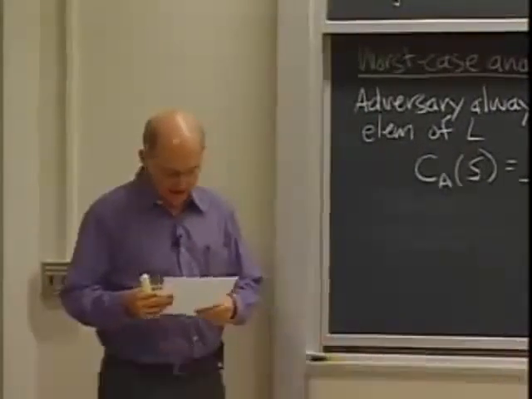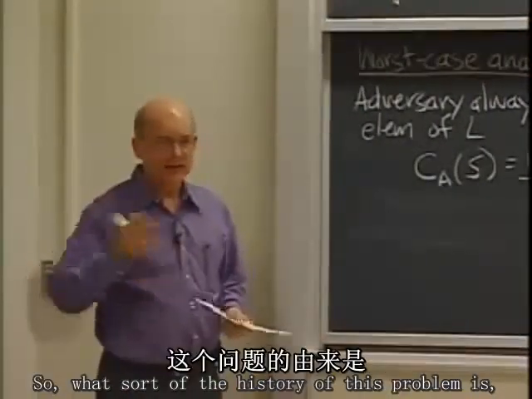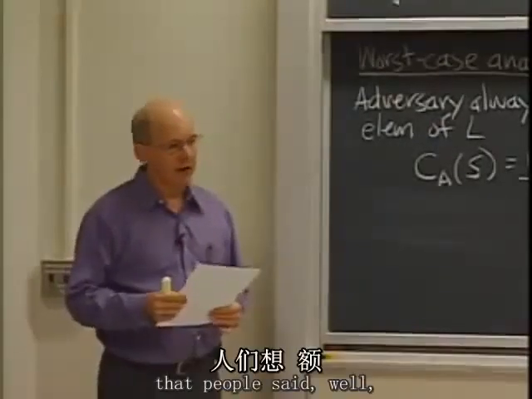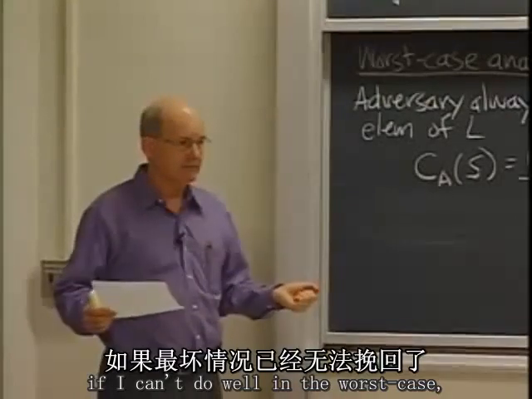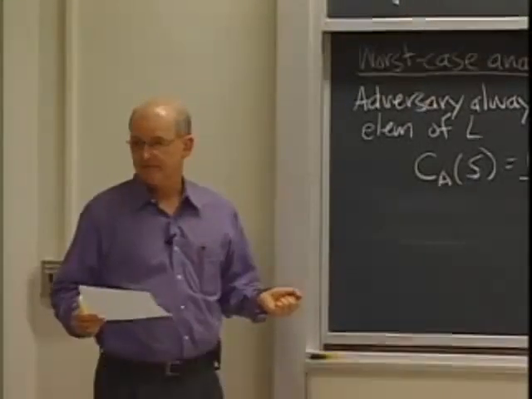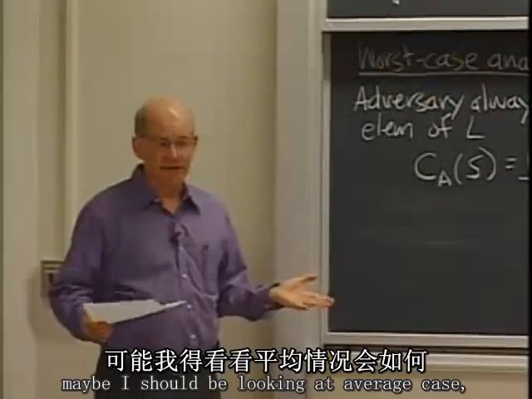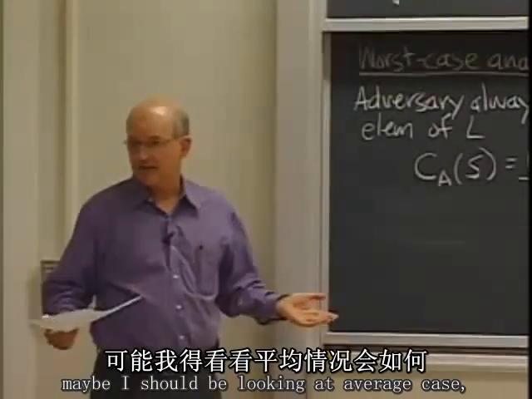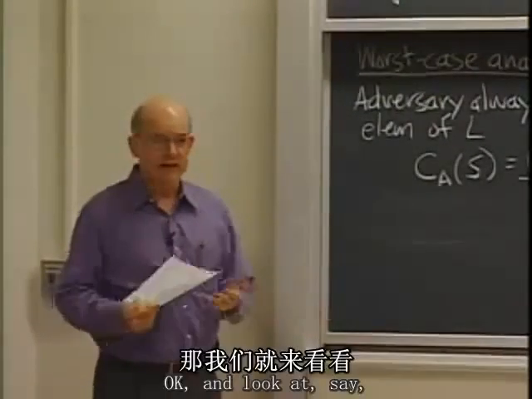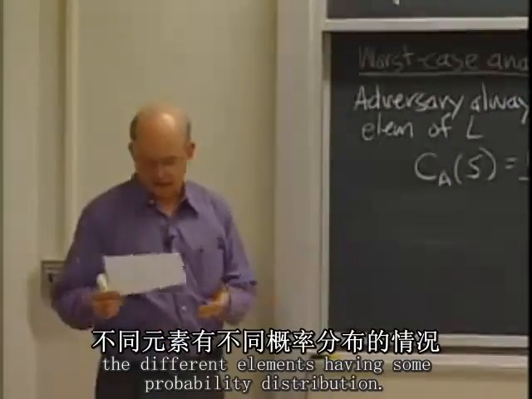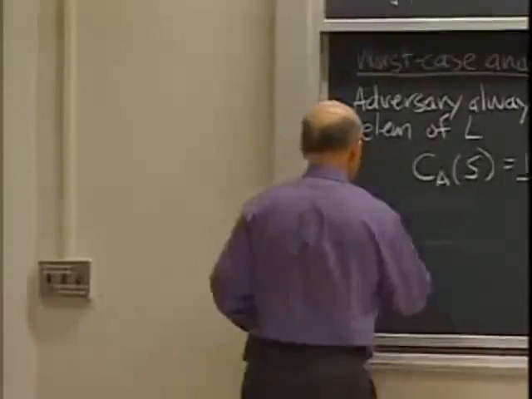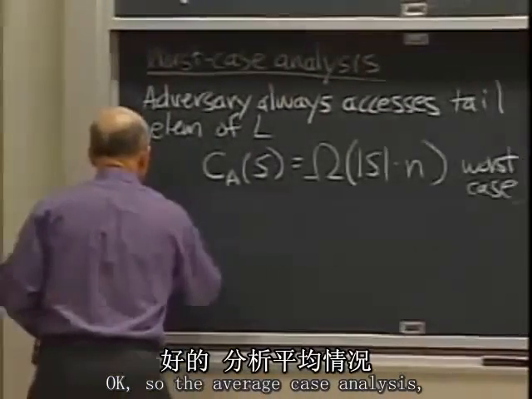So the history of this problem is that people said, well, if I can't do well in the worst case, maybe I should be looking at the average case, and look at, say, the different elements having some probability distribution. So let's do the average case analysis.